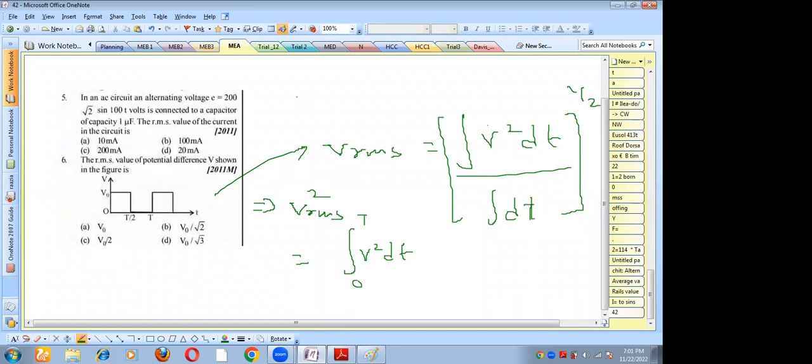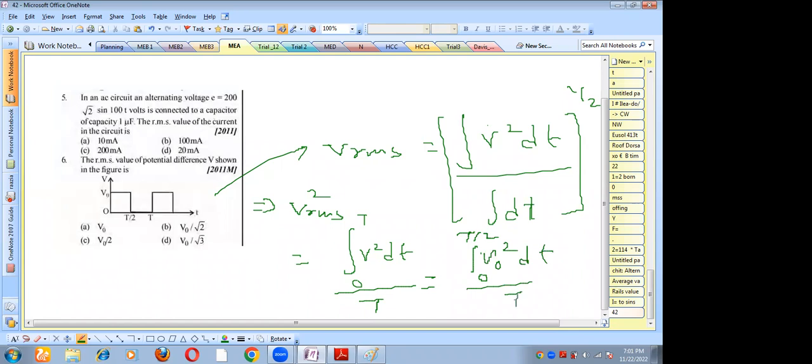Now we can calculate VRMS square. Can you see the screen before? That is the integral of V squared dt divided by the total time, which is obviously T. So now we have to take the value. V squared is 0 between T/2 and T, so we take 0 to T/2, where the value is V naught square.